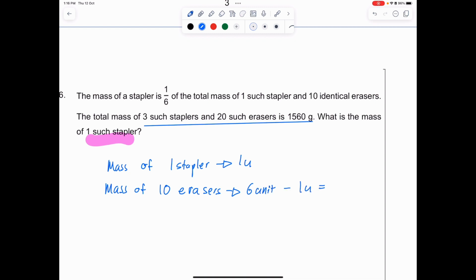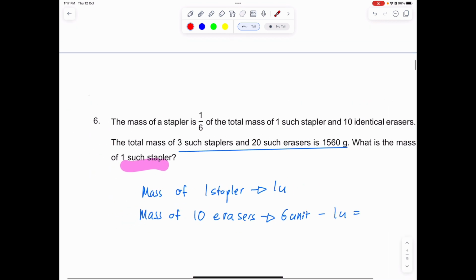Why? Because they tell you already the mass of one stapler is 1/6 of the total mass of one such stapler and 10 identical erasers. So if I were to draw this out in terms of model, let's just say this is my stapler, 1/6.